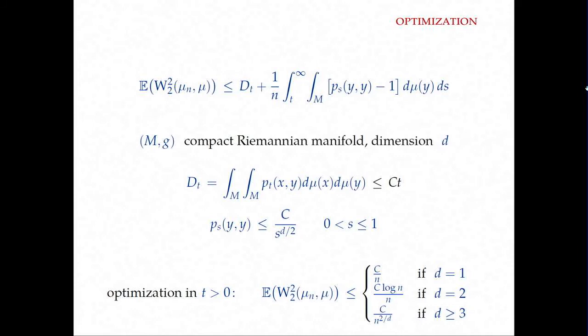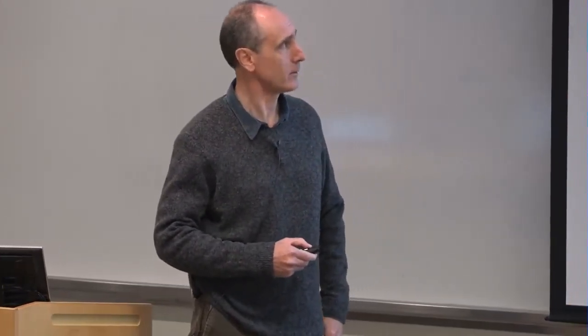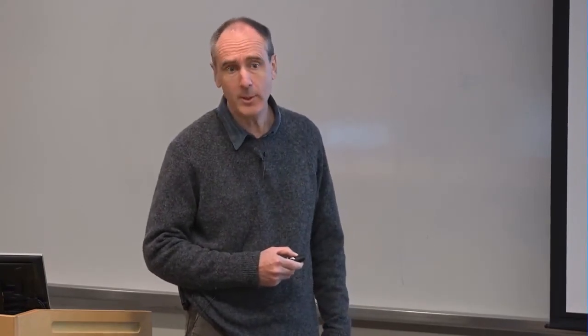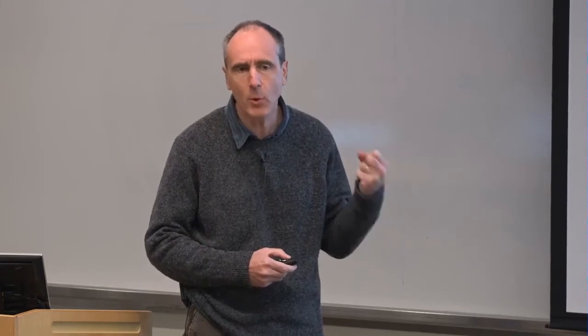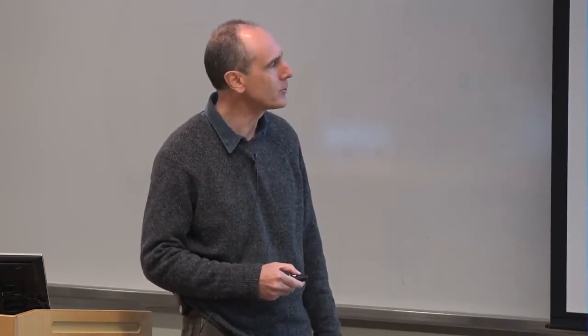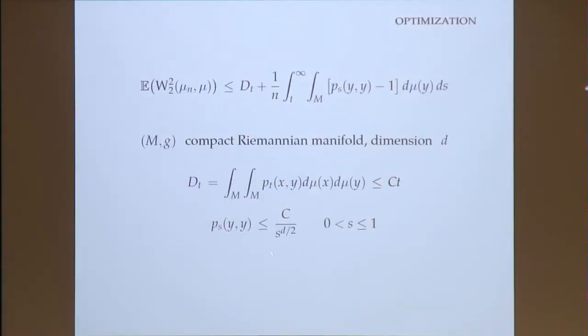And now we have to optimize in t, because this was done for every fixed t. And if you are on a compact Riemannian manifold with dimension d, it's not very difficult to see that the dispersion is of the order of t. And to evaluate the trace here, you simply use heat kernel bounds. And actually, it is enough to deal with the small time heat kernel bounds. And on a compact manifold of dimension d, the heat kernel bounds are of this order.